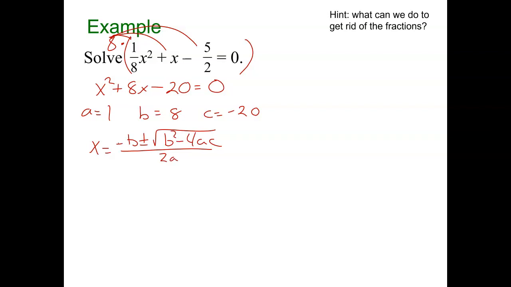You plug it in. Plug it in, solve. I'll give you 2 minutes.